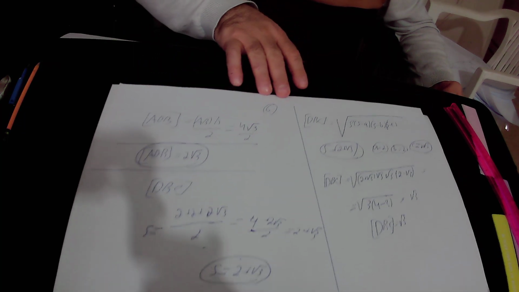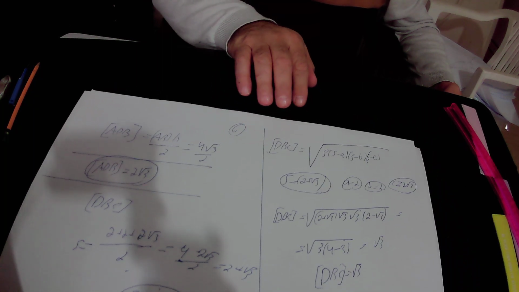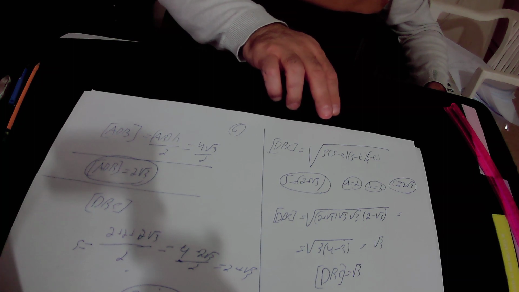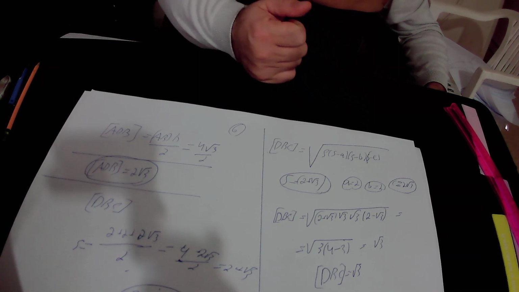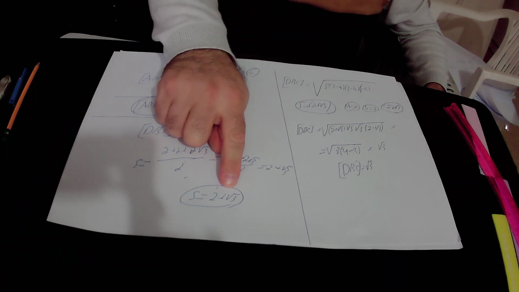And the area of triangle DBC, we calculate according to a special formula. The area equals the square root of S times S minus A times S minus B times S minus C, where S is the semi-perimeter of the triangle, 2 plus square root of 3.